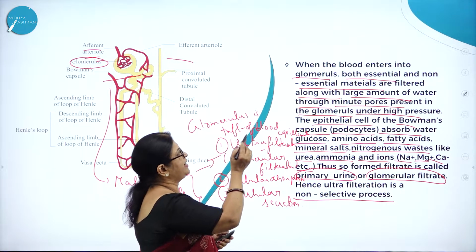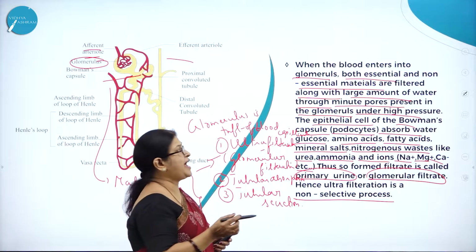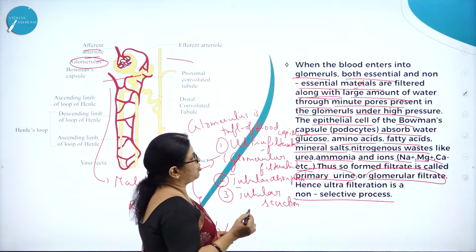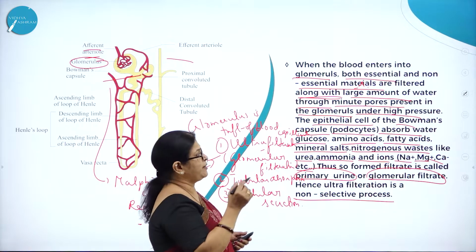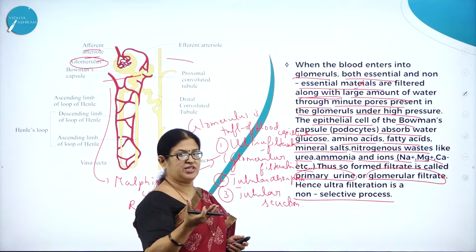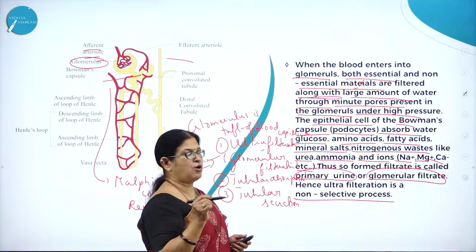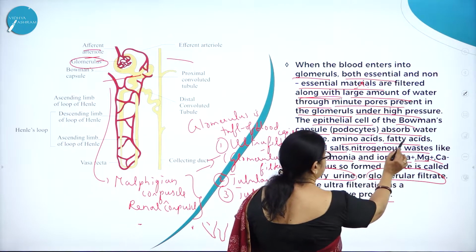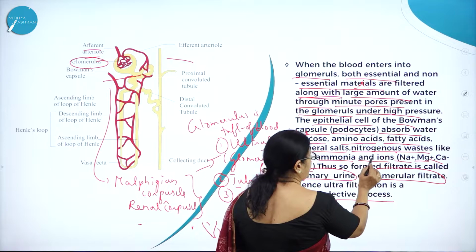So when the blood enters into glomerulus, that is the tuft of blood capillaries, both essential and non-essential materials are filtered along with a large amount of water through minute pores present in the glomerulus under high pressure. The epithelial cells which surround the space of the Bowman's capsule, the cup-like or bowl-like structure, are specialized cells called podocytes, which absorb water, glucose, amino acids, fatty acids, mineral salts, nitrogenous waste like urea, ammonia, and ions.